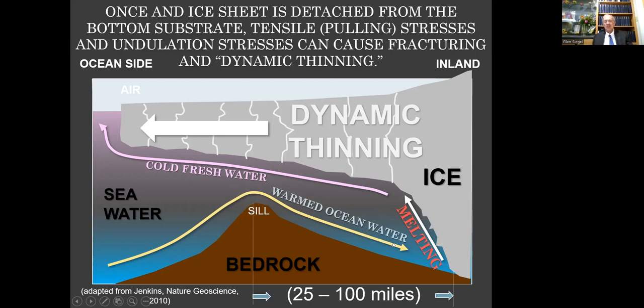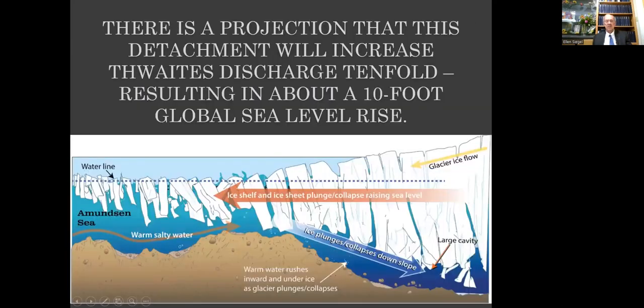But as the warmed ocean water has gotten in and caused melting, it's detached the ice and it's breaking apart quite dramatically. Here's another picture that was just created for the Thwaites, because we're very confident that we're very shortly going to detach from this rock ridge, and just have warm water pour in. It's not that warm for swimming, but it's warm enough to do a powerful lot of melting.